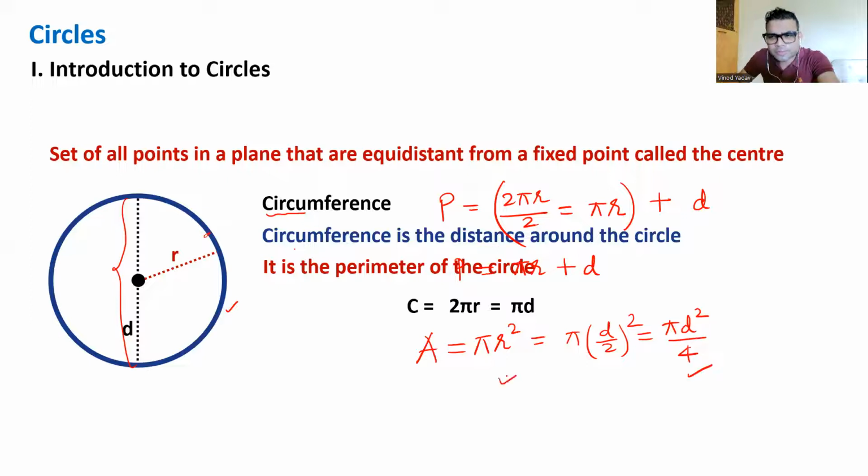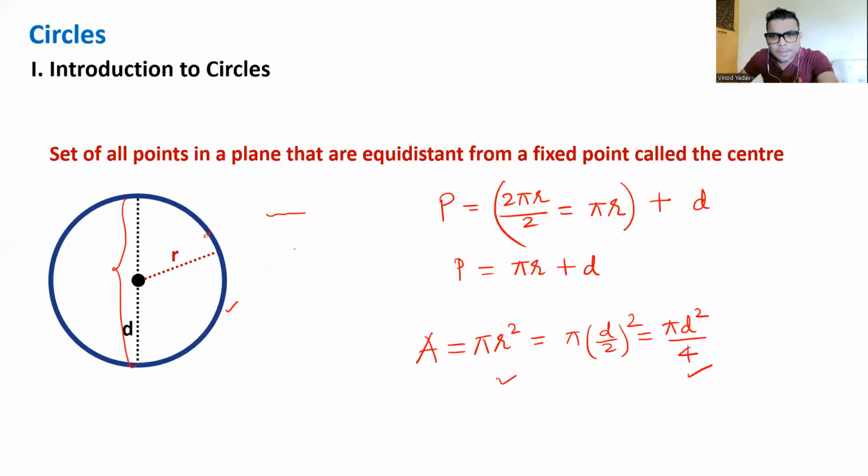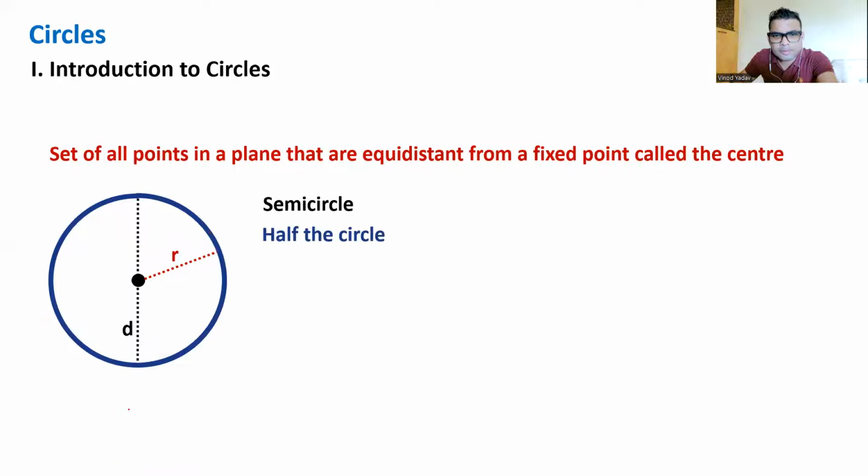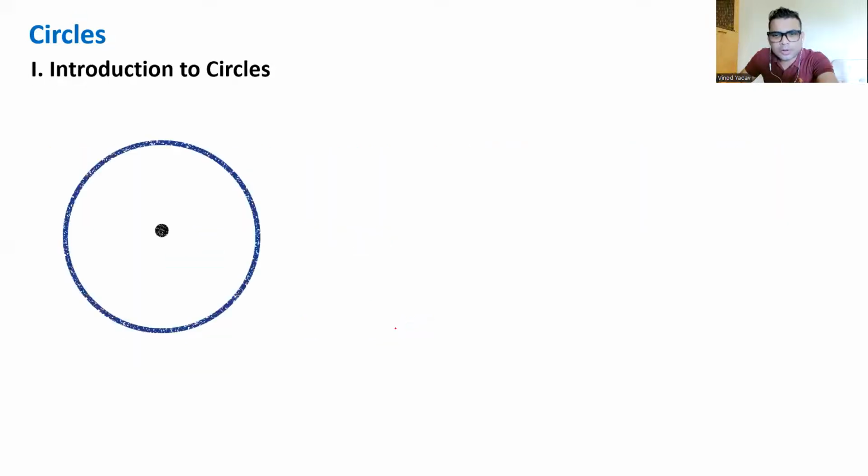You should be comfortable with both. The area of a semicircle is simply half of the full circle area, so pi r square by 2, and you can replace r with d by 2.